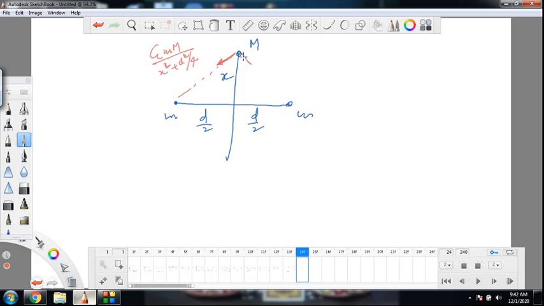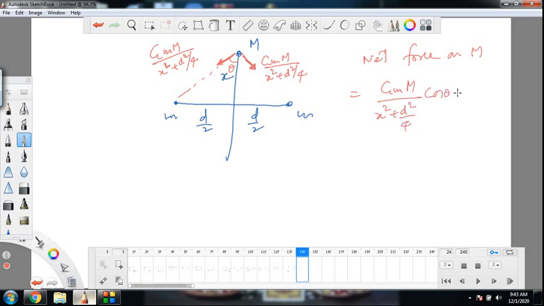Similarly on M due to the right small m, the force will be again GMm by x square plus d square by 4. If you take this angle as theta, the net force on M is GMm by x square plus d square by 4 cos theta plus GMm by x square plus d square by 4 another cos theta.